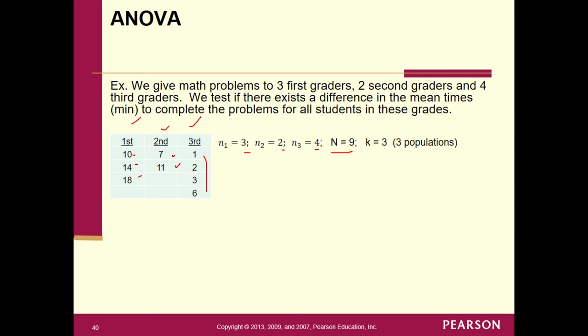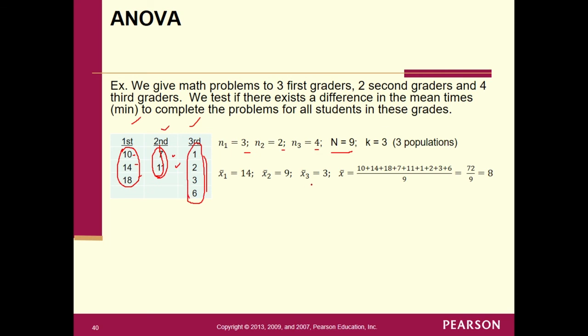First graders, the second graders, and the third graders. So X bar 1 is equal to 14. So if you average these numbers right here, that would turn out to be 14. If you average these guys here, they'd turn out to be 9. And then if you average these numbers right here, you get 3.